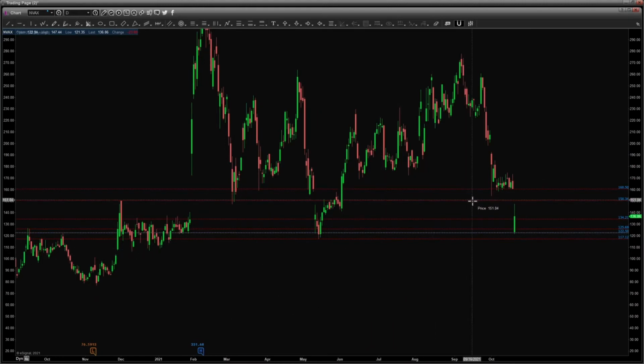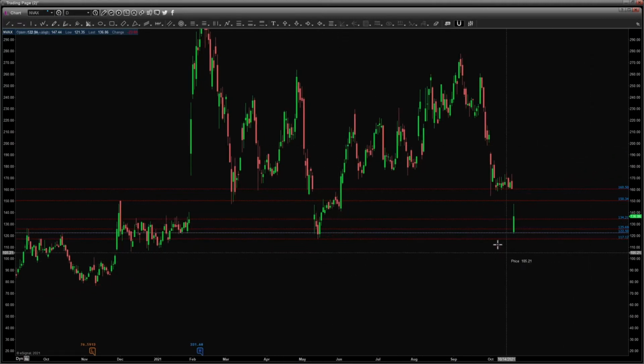Then you can go in and do your diagonal trend lines. So there would be one that goes like here. However, that's not going to go through the price for today, so I don't really need to draw that for now. You could do one from here.